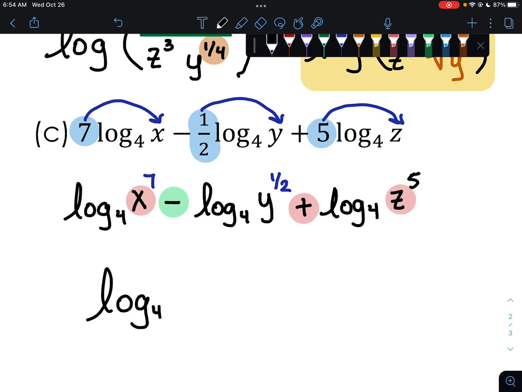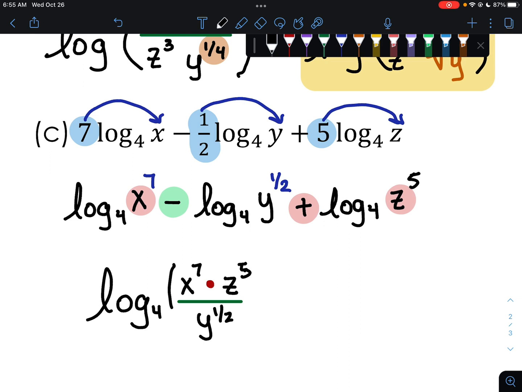We're going to have our x to the 7th multiplying our z to the 5th because those both have plus signs in front of the logs. And we're going to divide it by y to the 1/2 power because the y to the 1/2 power had a minus sign.